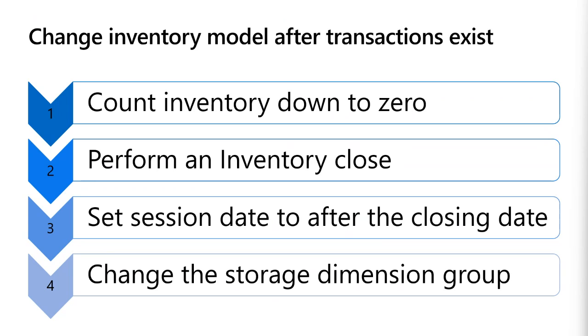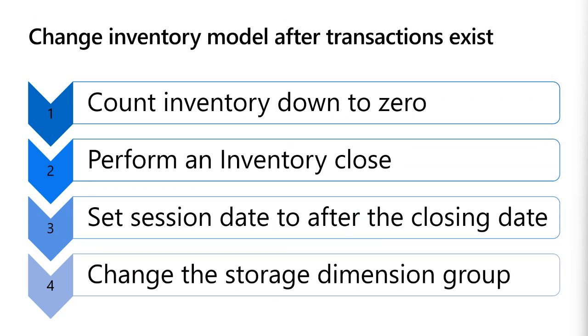Next, you'll need to set the session date to a date that is after the last closing. You won't be able to make this change unless that current session date is set to after the closing. Then, after you've performed that inventory close, you can change the item model group on the released item level.